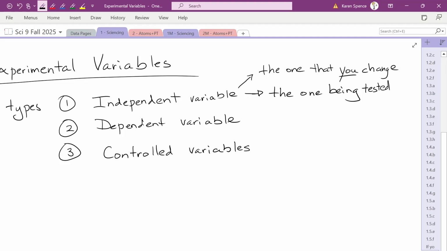Again, once you got that, chat with your neighbor about what a dependent variable is.